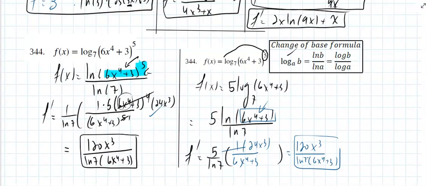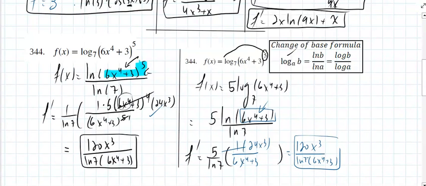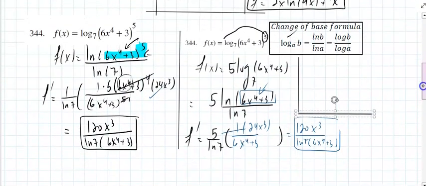Similarly, I wanted to show you something really quick. Did you notice up there we had natural log of 9x and the 9's cancelled out? There's a reason for that. If y equals natural log of 9x, if I take a derivative, that's 1 over 9x times 9, and that turns out to be 1 over x.